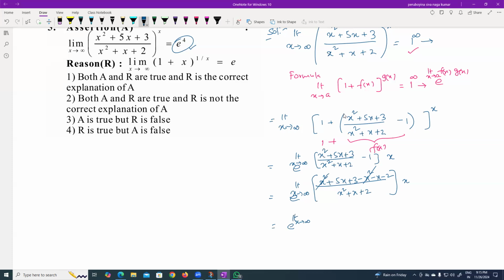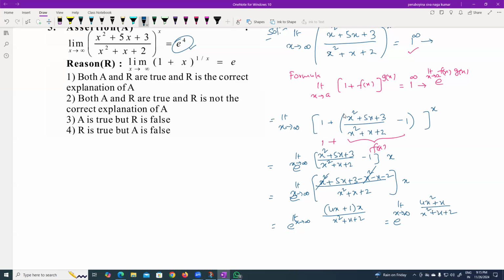So 5x minus x is 4x, 3 minus 2 is 1, multiplied by x, divided by x square plus x plus 2. So now multiplying with x, limit x tends to infinity, e power (4x square plus x) divided by (x square plus x plus 2).